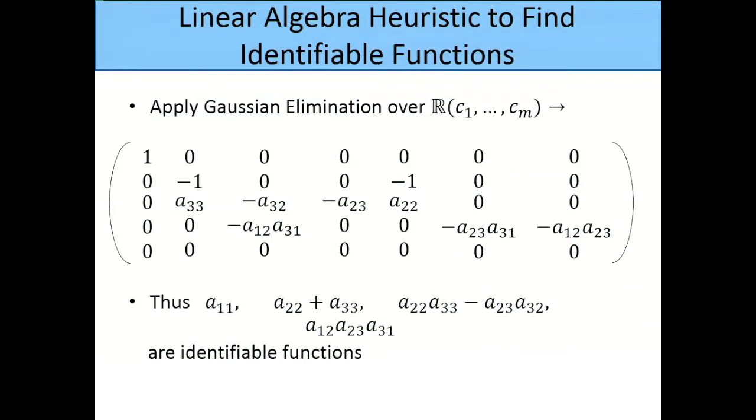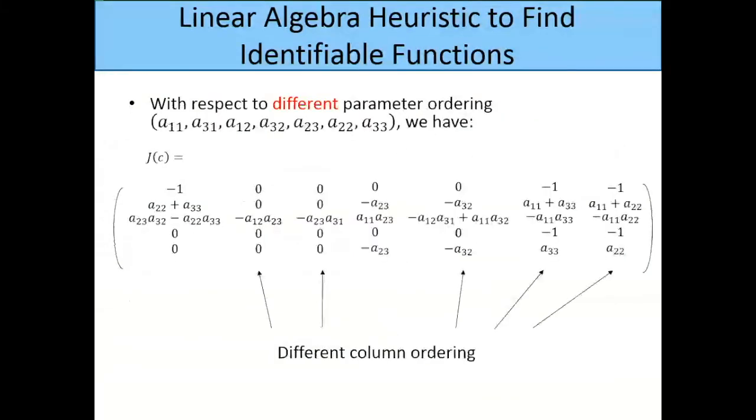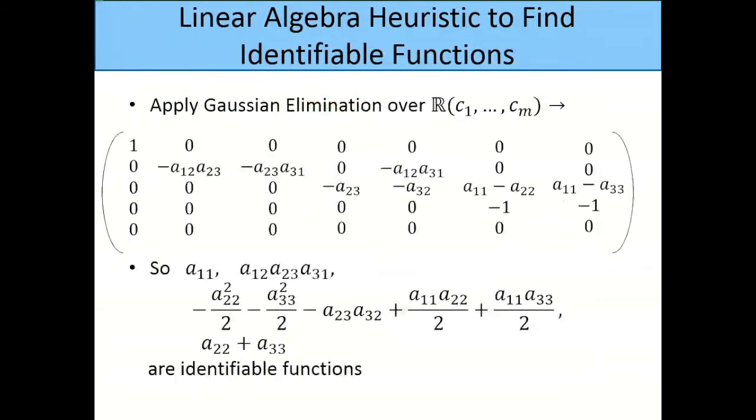Those are my simplest identifiable functions using this approach. Of course, this depends on the ordering of my columns, because I could choose a different parameter ordering corresponding to a different column ordering. Then the result of my Gaussian elimination may give me totally different identifiable functions. In this case, I get three of the same ones from before, but this fourth one is rather complicated.